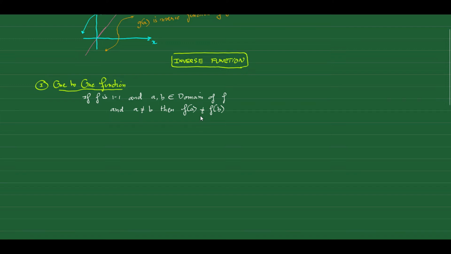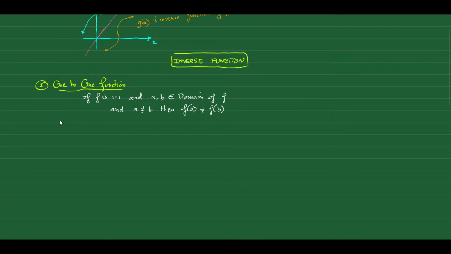That's what I mean. One-to-one means for each x value there is a y value, and for each y value it corresponds back to that x value. That is more important than the definition, because it helps us understand what a one-to-one function is.